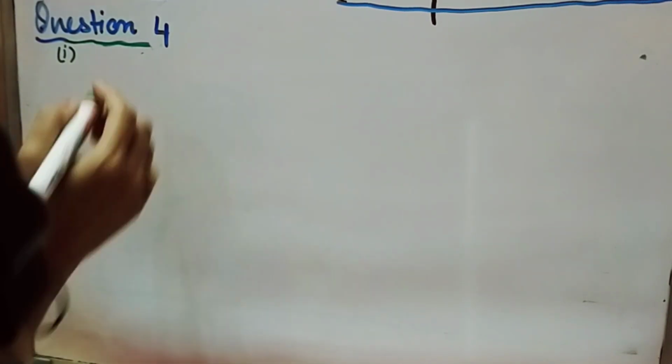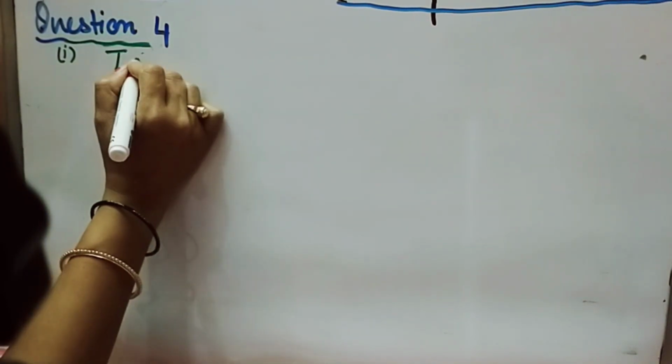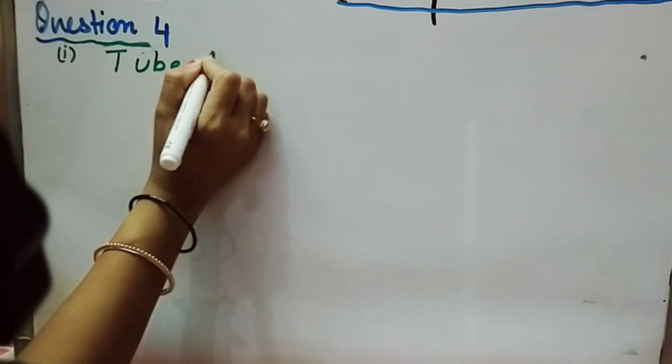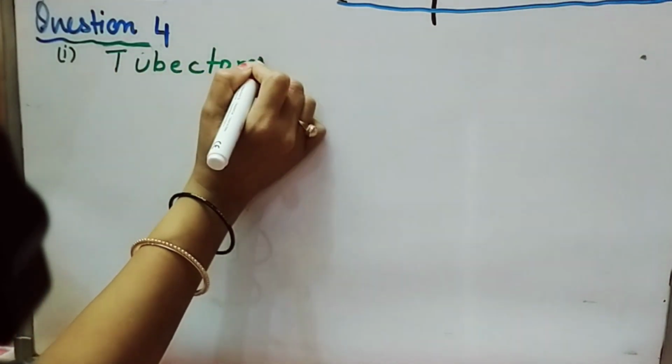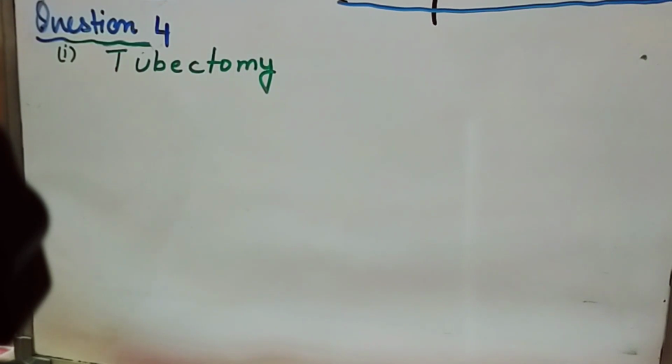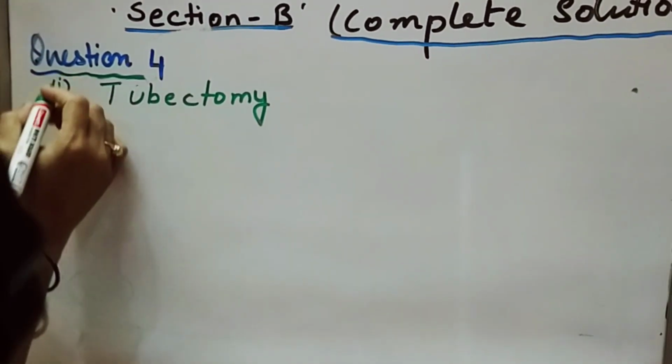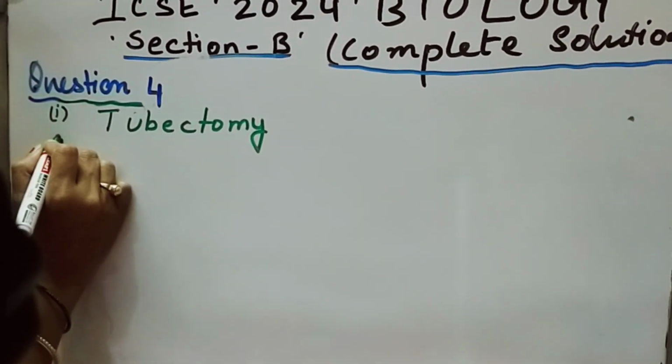So question number 4, the first question is subpart 1, Roman 1. Give the biological term for the surgical method of contraception in human female. So what is the name? It is tubectomy. Next question. State 2 harmful effects of acid rain on the environment. Again, many of them, you can write any 2 of them.